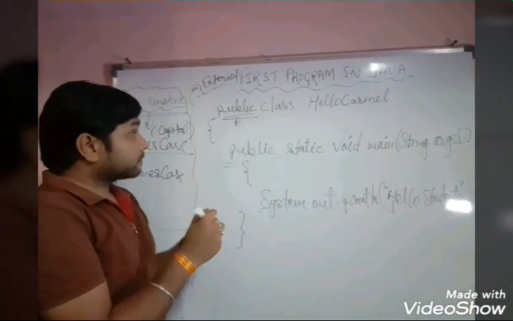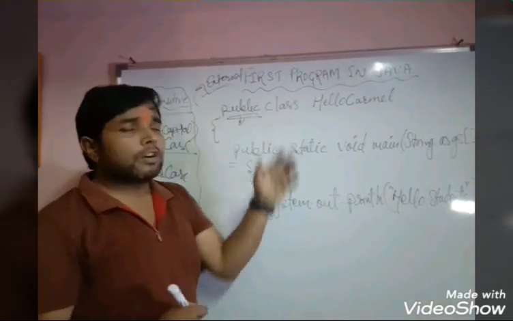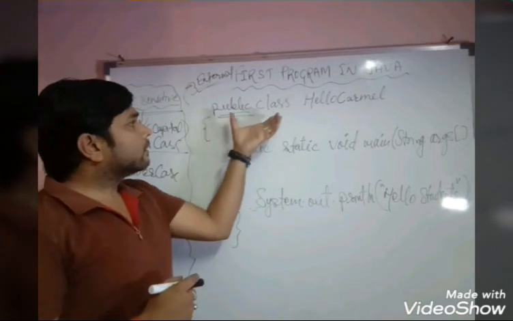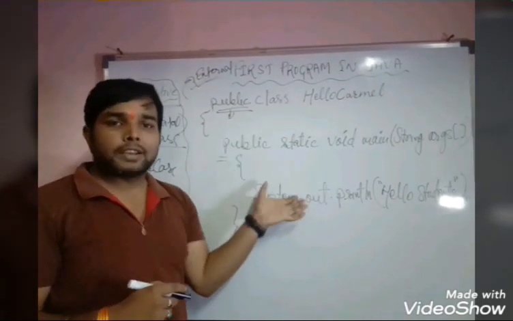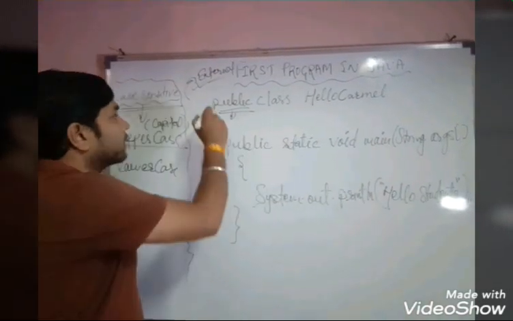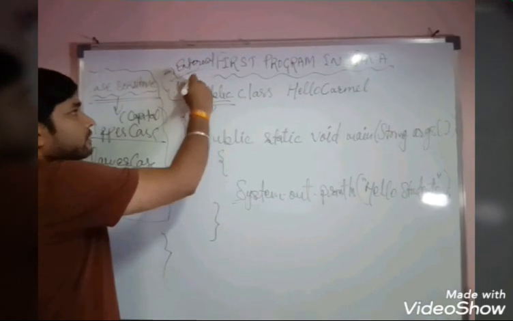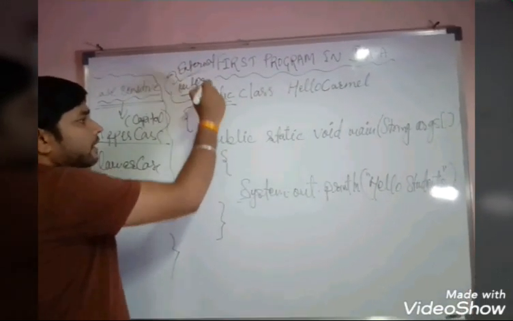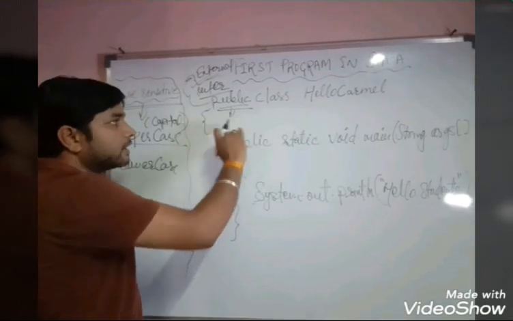Now you should know that in a Java program, inside one class you can write many classes. The outer class is called the external class or outer class, and if you are making another class inside it, then it is called an internal class.